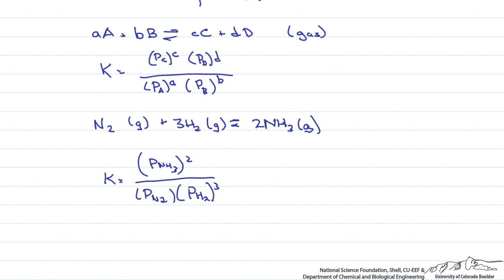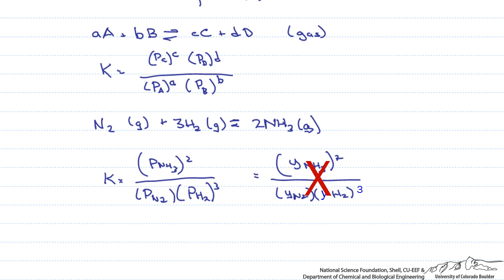In material and energy balances, however, we often write the K in terms of mole fractions. But you have to be really careful in using mole fractions because you need to remember that this is really a partial pressure. You might try and write it like this, just using the mole fractions.